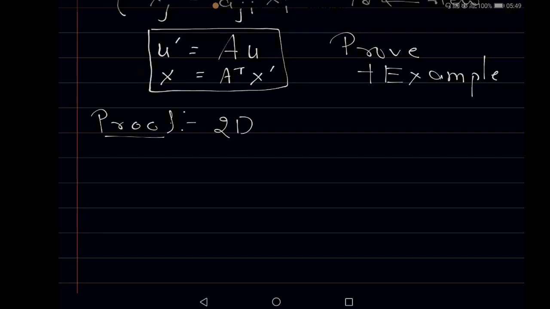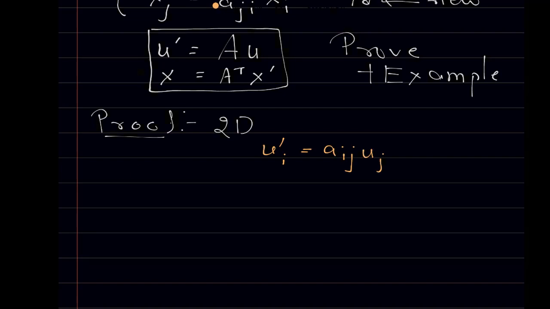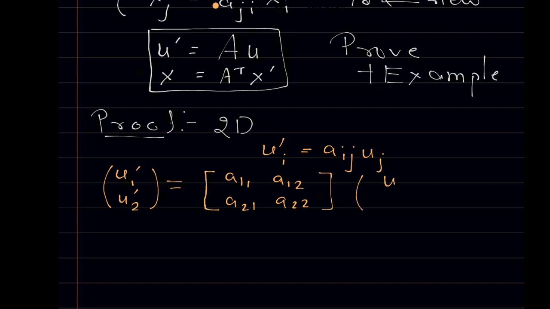It means that in 2D you have two new bases, say u1 prime, u2 prime, equals, and then it will be a 2 cross 2 matrix. It's quite clear because we are in 2D. So a11, a12, a21 and a22, and this will get multiplied with the old basis, so u1, u2. So this is how I made a transformation of basis.